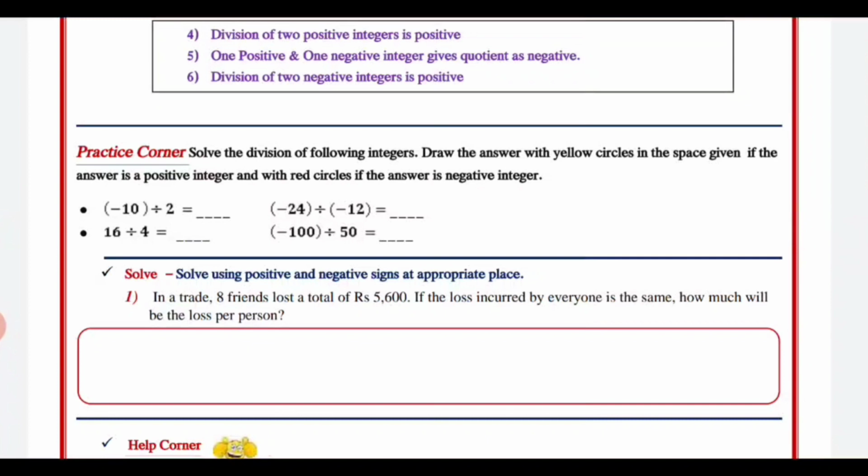In my notebook, in place of yellow I will be using a different color, because the yellow will not be visible properly. So let us solve this first.